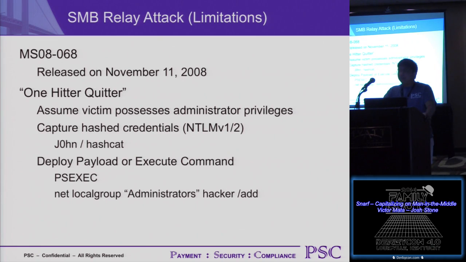Prior to this patch, attackers could relay the credentials back to the victim and own the authenticating victim. It was really a free-for-all. After the patch was released, hackers had to adapt, and the current implementation is relaying those credentials to another target server.